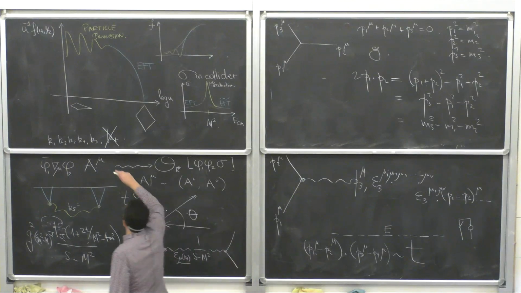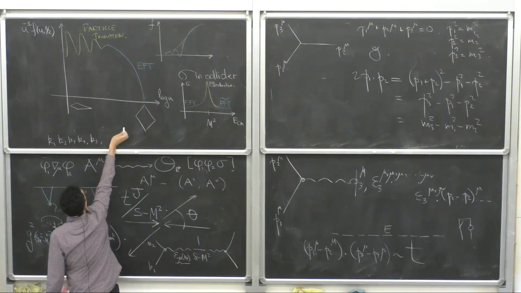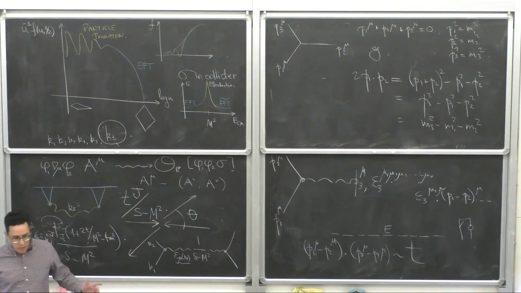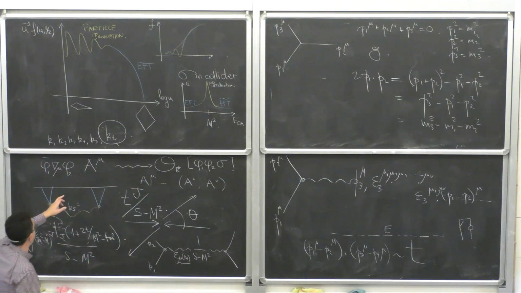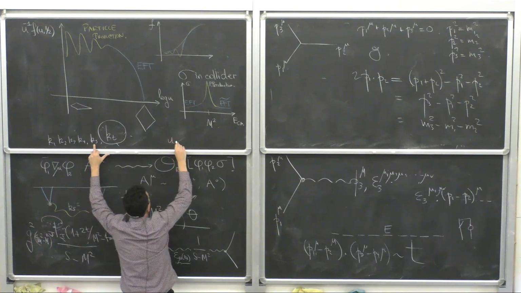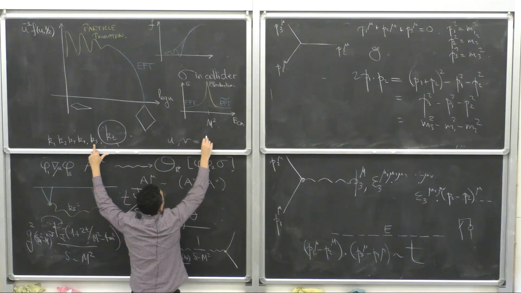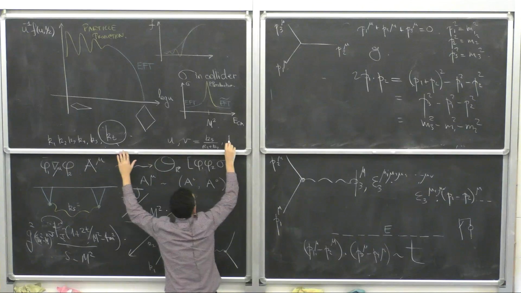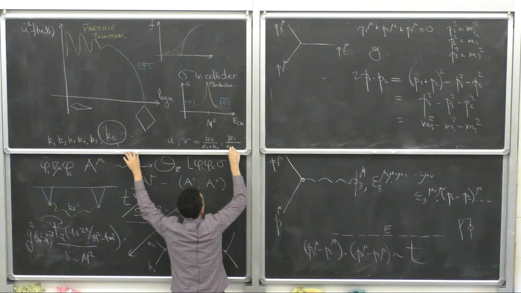So what it implies is that this KT will appear. But you see this KS was all over the place because these variables U and V were defined by KS divided by K1 plus K2, or KS over K3 plus K4.